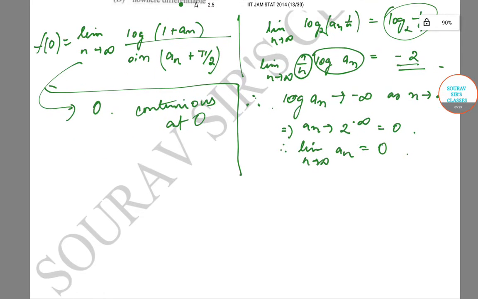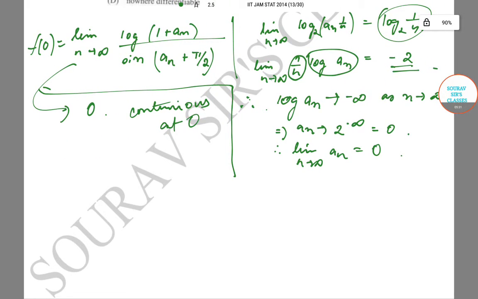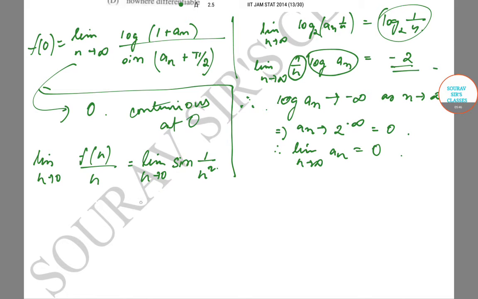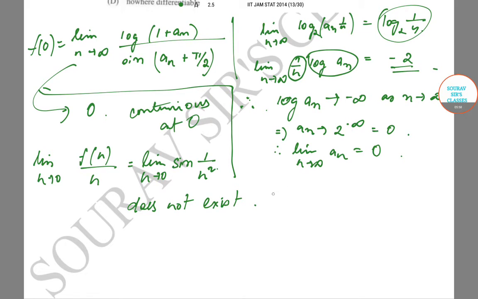Now we have to check differentiability. Limit h goes to 0, f of h by h is equal to limit h goes to 0 sine 1 by h square, which of course does not exist, because sine 1 by h square is an oscillating function as 1 by h goes to infinity, therefore not differentiable at 0.